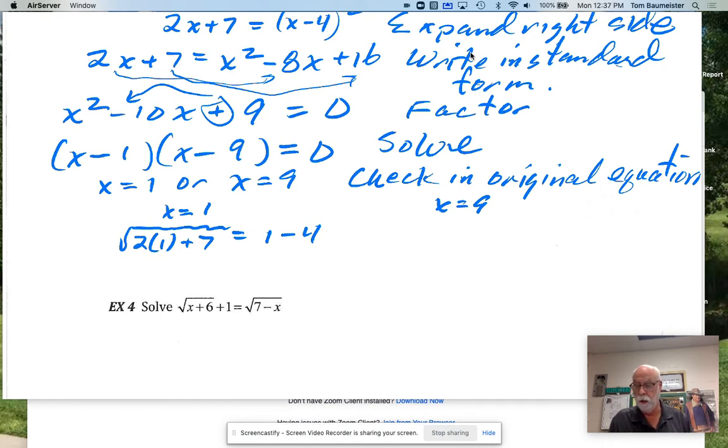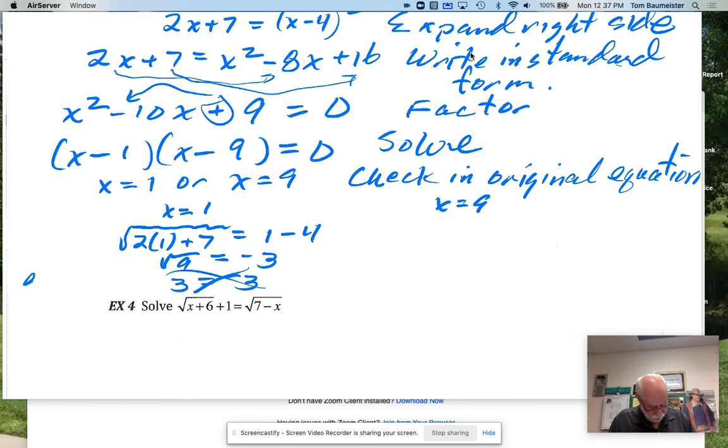Well, 2 times 1 is 2, plus 7 is 9, so the square root of 9, does that equal negative 3? And we would say that 3 does not equal negative 3. So this one here is extraneous. So that would not be one of our solutions.